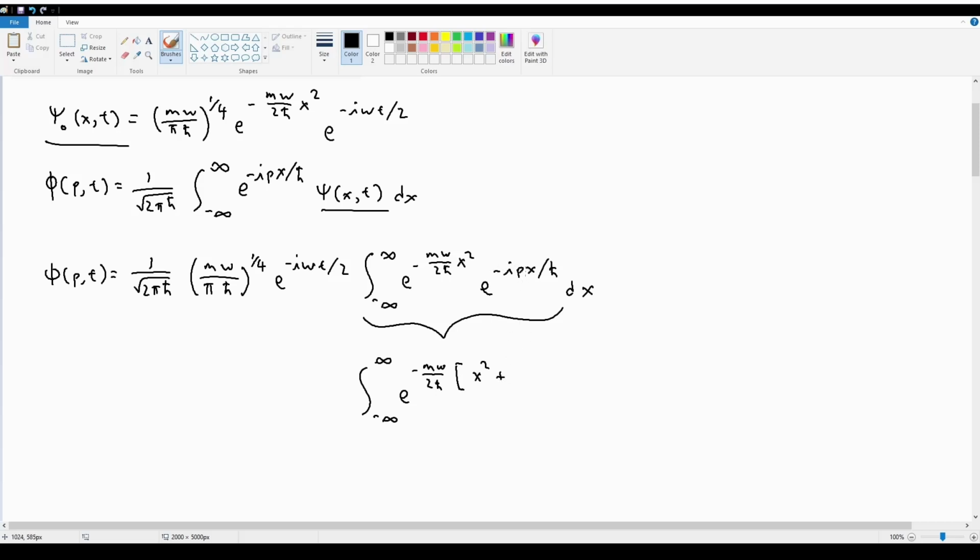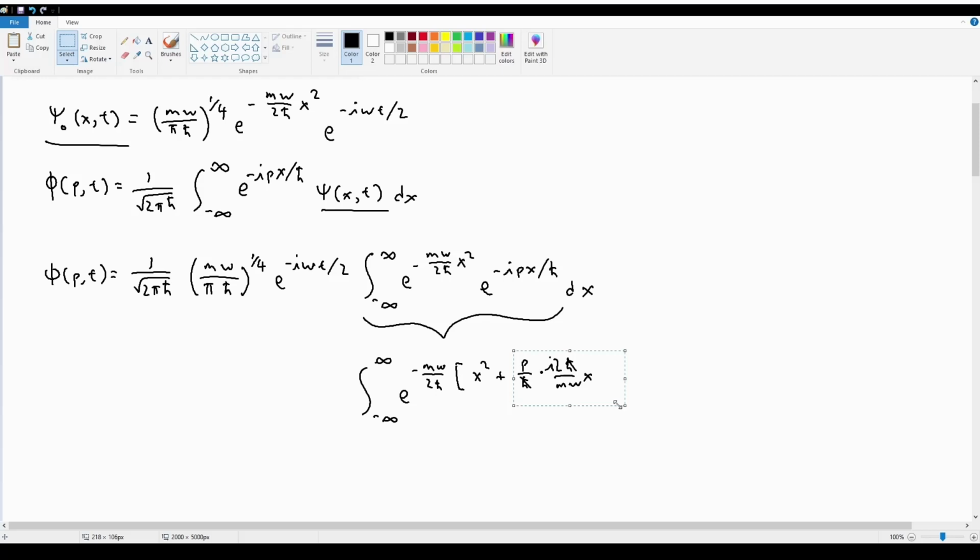So this is going to be p over h bar times 2h bar over m omega times x, right? So the h bars cancel, so we get 2p over m omega, and let's not forget the i, I almost forgot the i, so let's add the i here. So let's rewrite this.